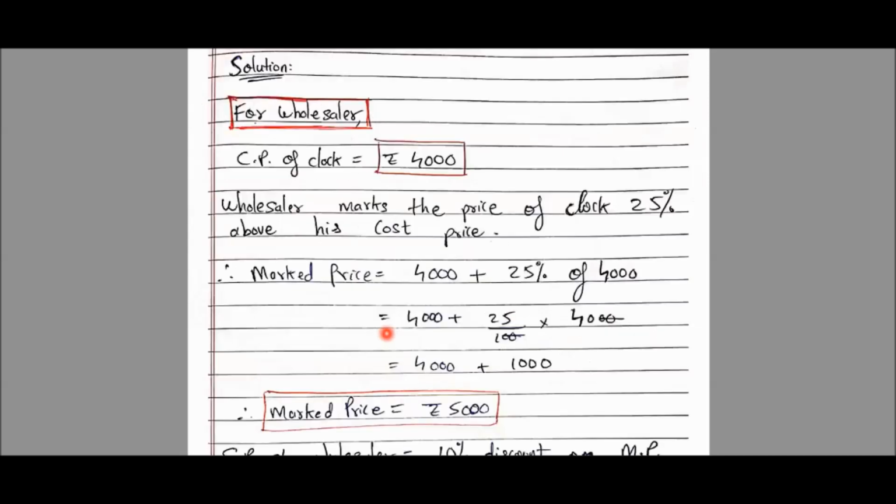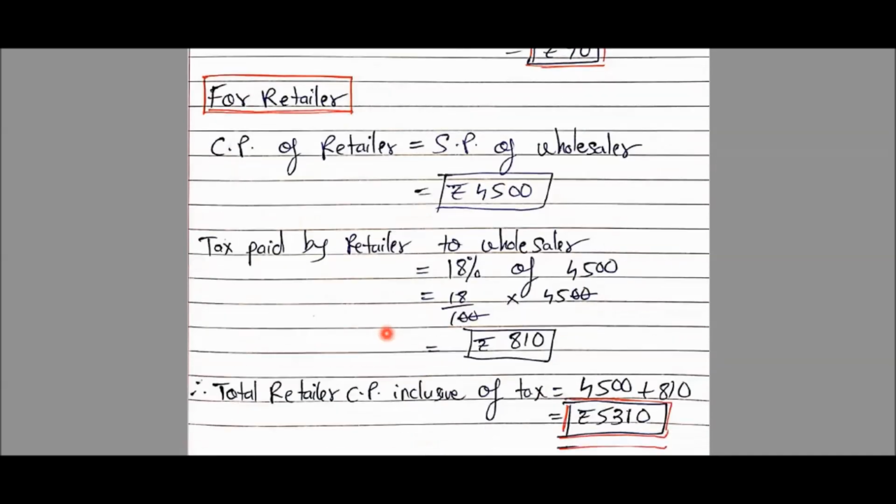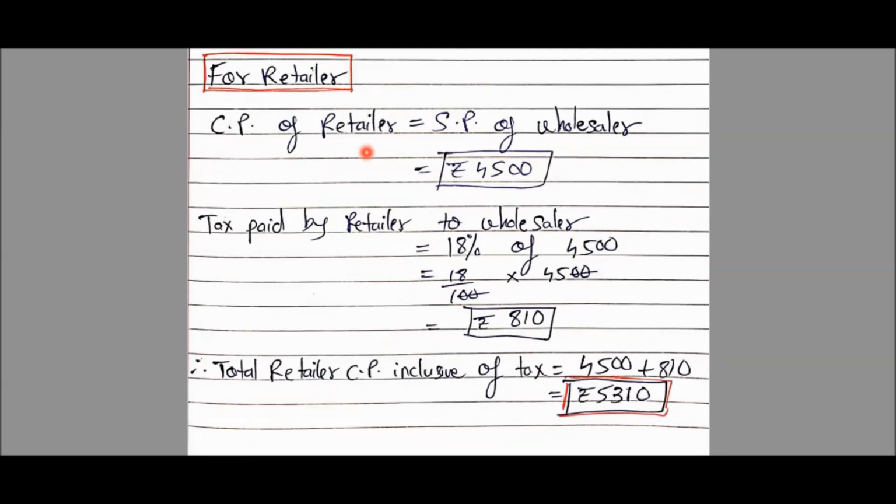So please see the solution. For the retailer, the cost price of the retailer will be what? Of course, the selling price of the wholesaler. ठीक है. Now what is the selling price of the wholesaler? We already saw in the previous slide. He gave him some 10% discount. So it came up to rupees 4,500. Now the tax paid by the retailer to the wholesaler will be 18% of his selling price.